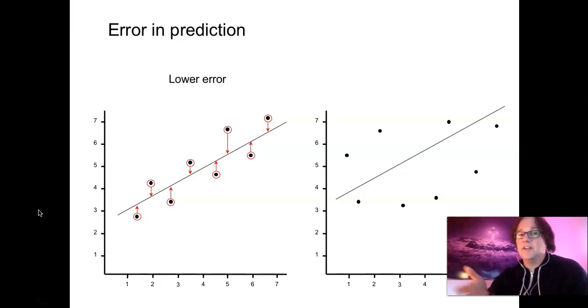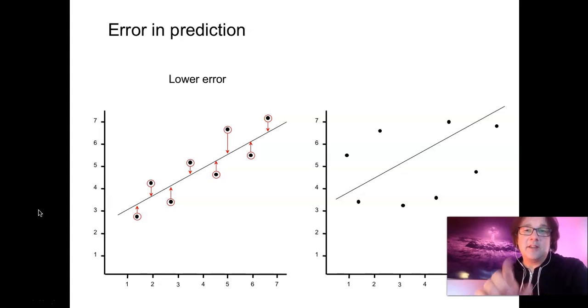Because this is the line of best fit. So the closer your data is to this line, the better off all of us are. So we see that there's definitely error in this model, because the dots are not lining up perfectly on this line of best fit.